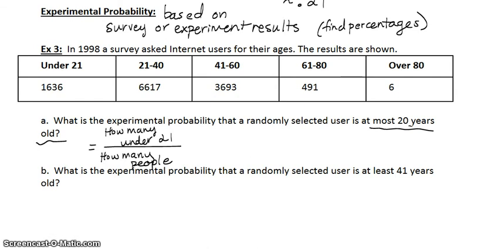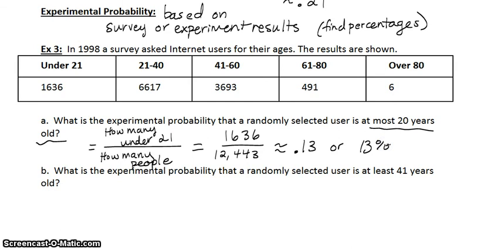So how many are under 21 divided by how many people total? How many under 21 I could just take straight from the chart. That's 1636. For how many people total? I'll save you some trouble. I added all of these together earlier and I got 12,443. So divide that off and you get 0.13 or 13%.